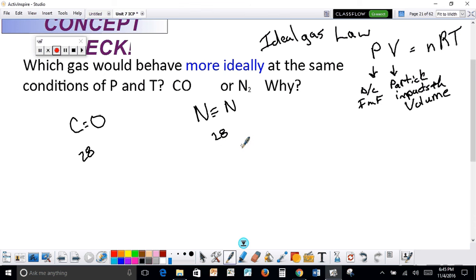So particle size, we're kind of negligible here, but what we can look at is that this is going to be a polar molecule, and this is going to be a nonpolar. So which one is going to have the less effect of IMFs? Well, this one only experiences London dispersion, whereas this one will experience dipole-dipole.